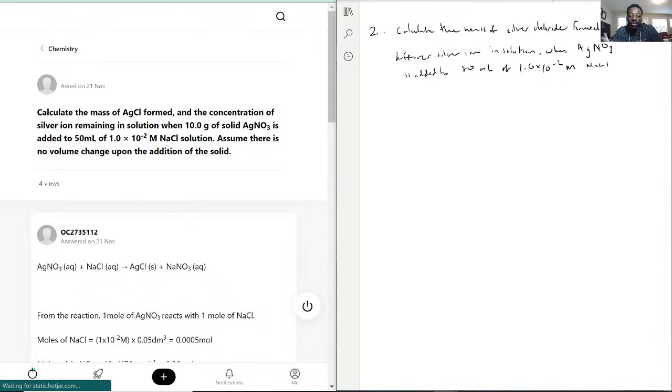And it specifically says assume there's no volume change. So when you drop in your solid silver nitrate, they're assuming that there's no volume change, so you're still at the 50 mL for your total volume.